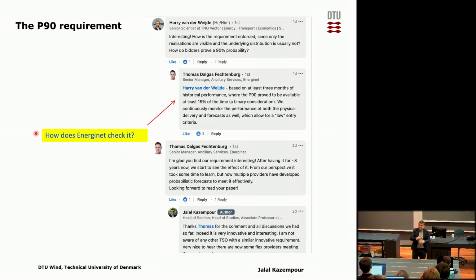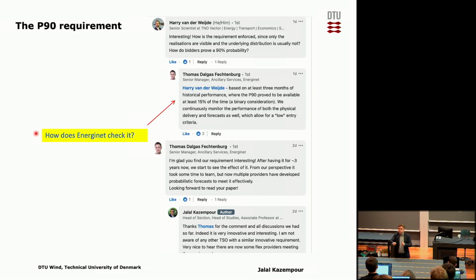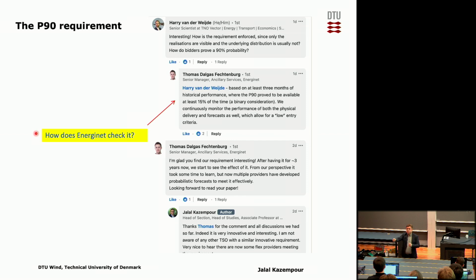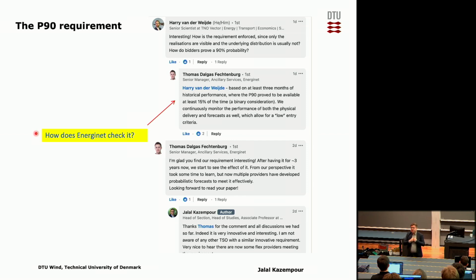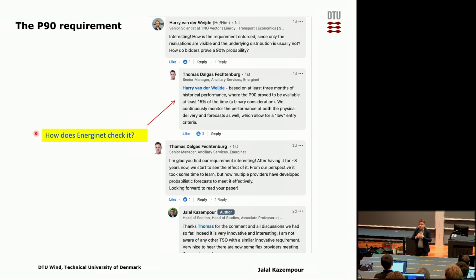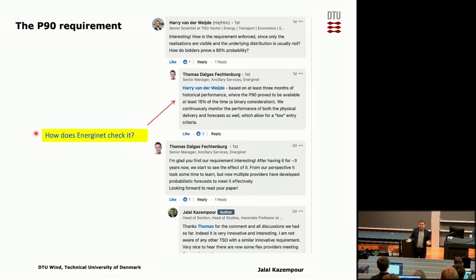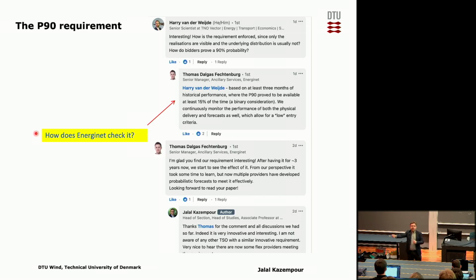They define a secondary market where you can go and sell your 1 megawatt to someone else. For example, saying, I have 1 megawatt aFRR but I can't produce it. How can I do this? Is there anyone who can take my 1 megawatt and pay me something? Is it clear what I'm saying?